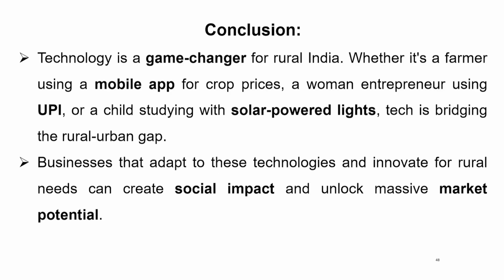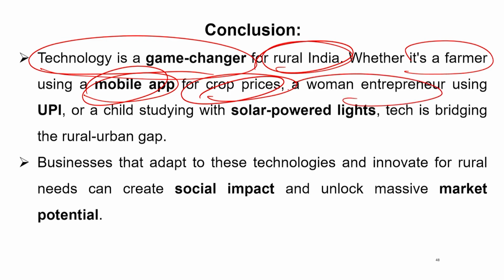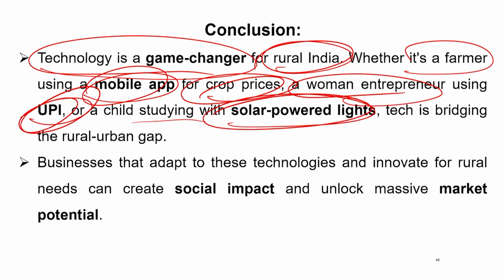There are n number of aspects where technology plays a very important role. So today technology is a game changer for rural India, whether it is a farmer using a mobile app for crop prices, a woman entrepreneur using UPI, or a child studying under a solar power light, bridging the rural-urban gap.